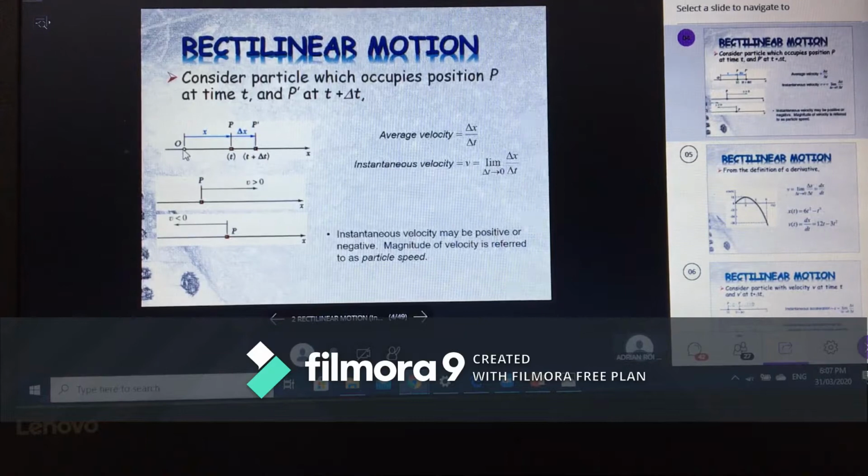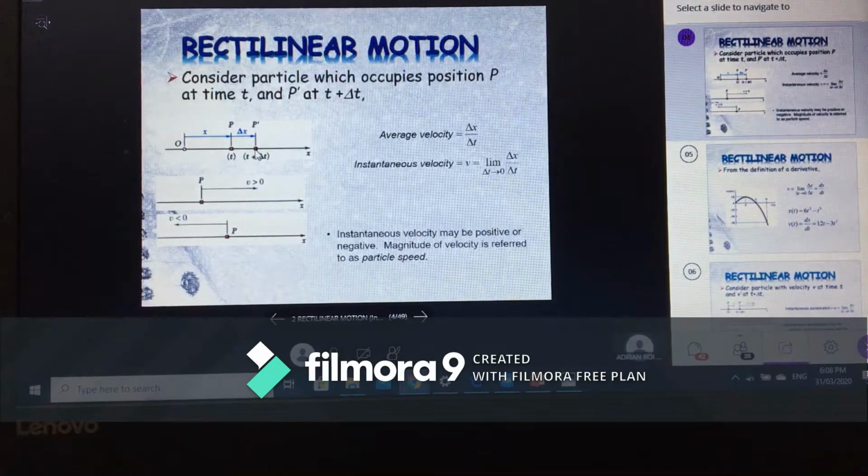So it means the time it took the particle to move from point O to point P is equal to t. Now if we consider that the particle moves farther to the right after a certain increase of time, and it covers a distance delta x, there's a change of the distance traveled by the particle from this position P to the next position P prime.